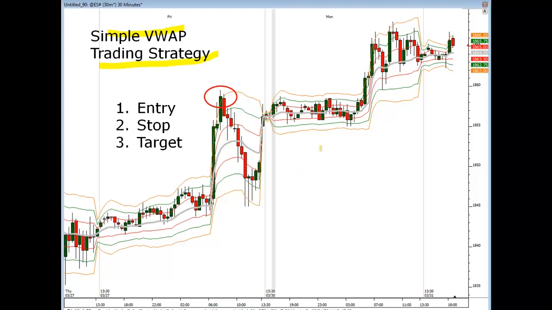Now, lest you think that that doesn't actually present many opportunities, you are wrong. I'll show you that even on this chart, there are a number of opportunities because, of course, you can take longs and shorts. In this case, the trade is the exact opposite.